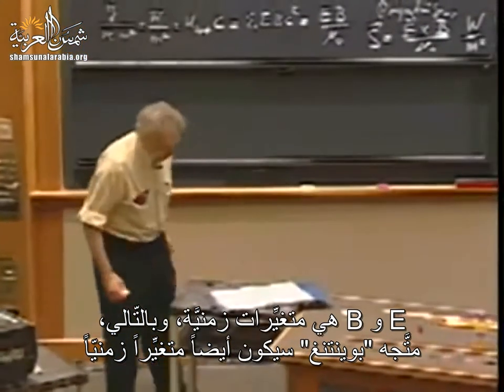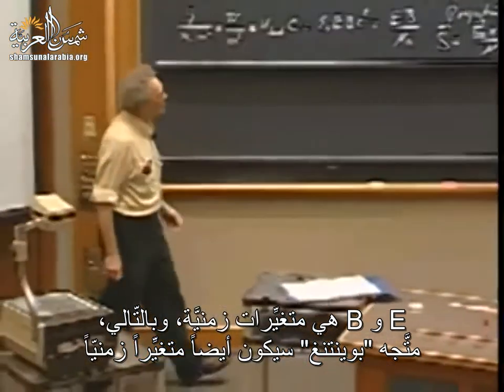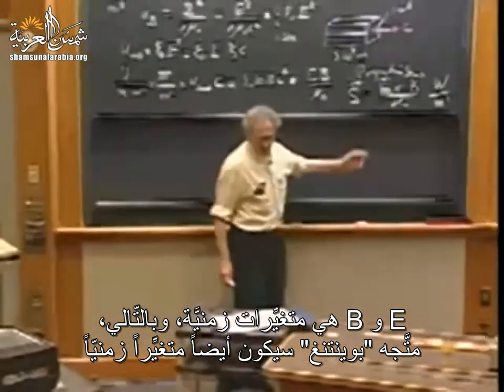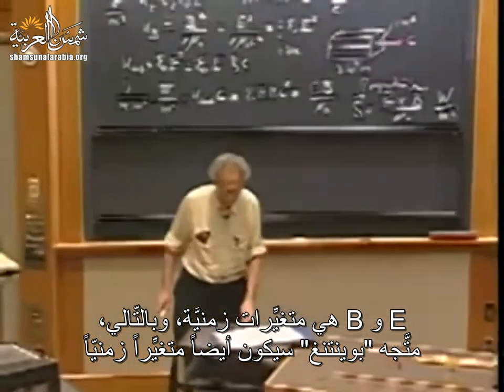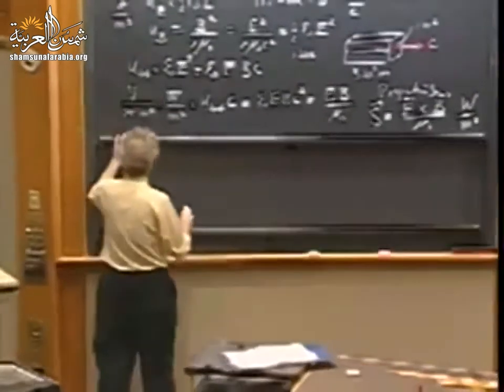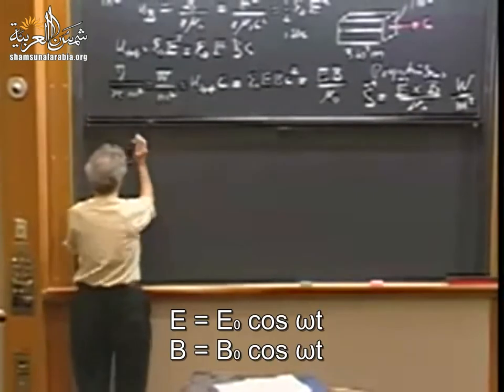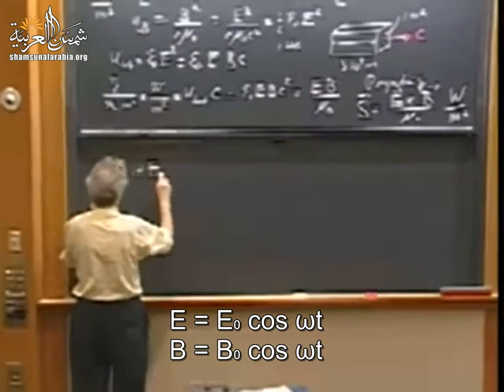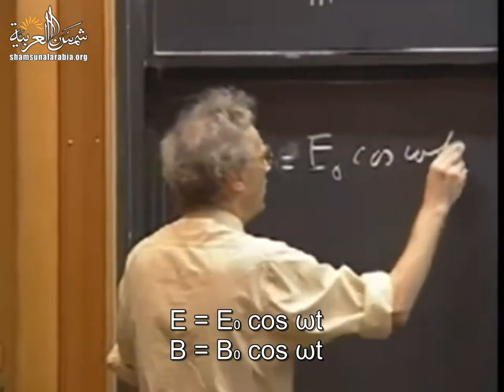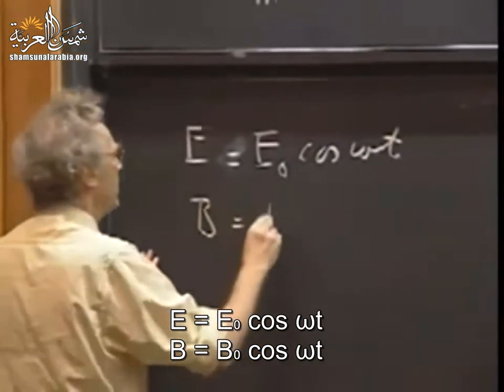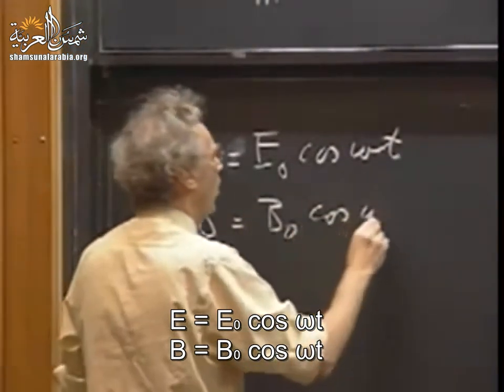Now both E and B are time variable. And so the Poynting vector will obviously also be time variable. E is going to be proportional, or that you can write down, E is some E0 times cosine omega t, and B is some B0 times cosine omega t.